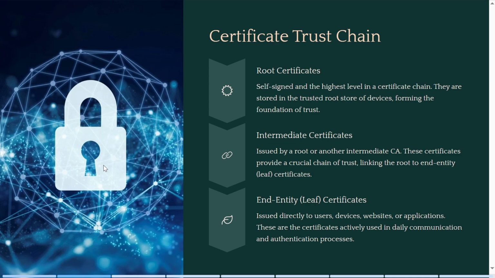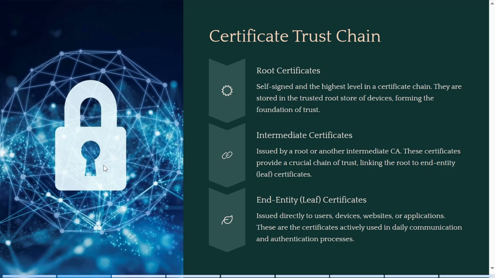Each and every certificate that you see, that secures a site or that is used for a user, will be an end entity or leaf certificate, we call them. That leaf certificate will be issued to user devices, websites, or applications, and those will be secured using that leaf certificate.